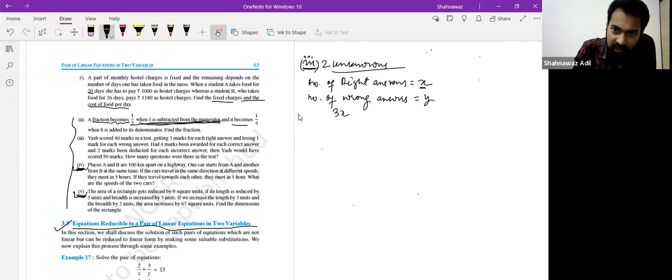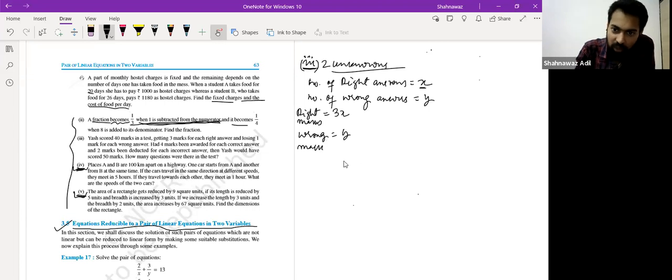So the right marks are 3x, and for wrong answers he loses 1 mark each, so 1 times y. The wrong answer is negated, so it has been deducted.